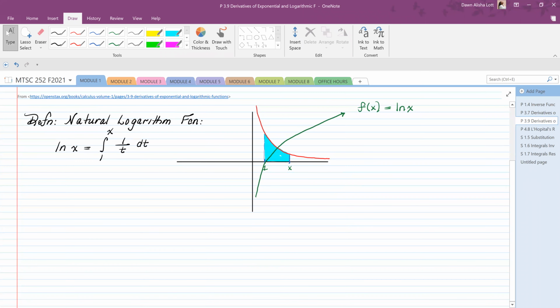That's the definition of the function. So very simple things you should know. The natural log of 1 says compute the integral from 1 to 1 of 1 over t dt, and you know that when the limits of integration are the same, you just get 0. So therefore, the natural log of 1 is 0.